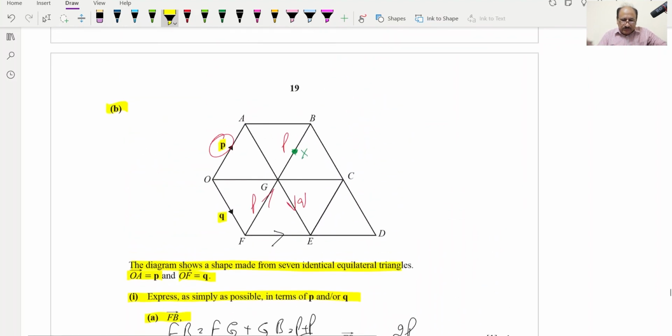So OX will be what? We can join OX, and this will be our OX, and we can find OX. OX will be equal to OG plus GP.